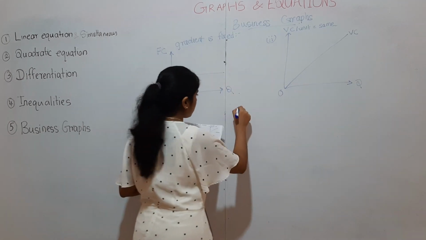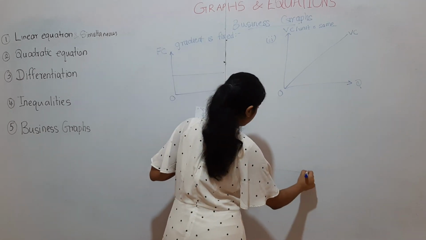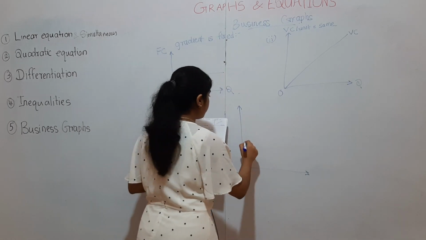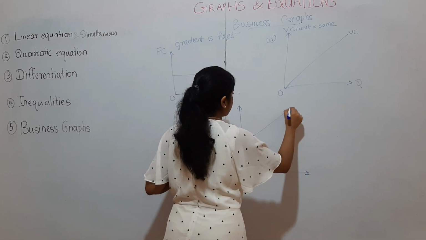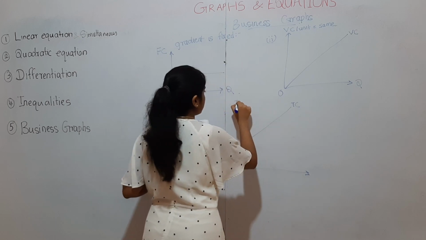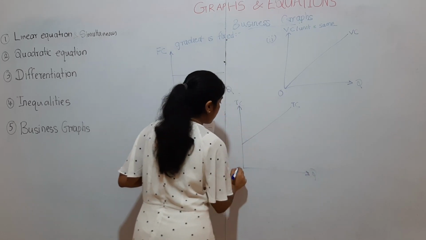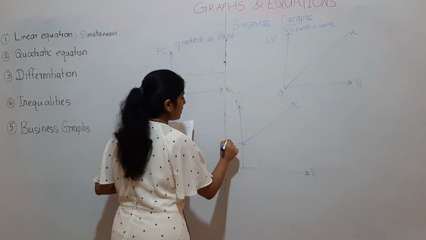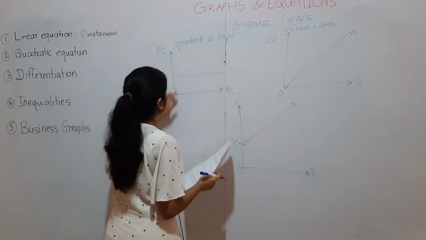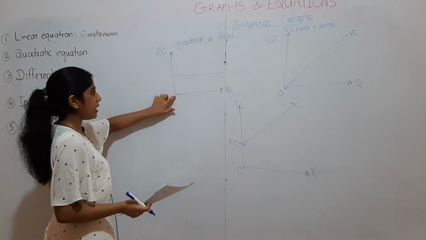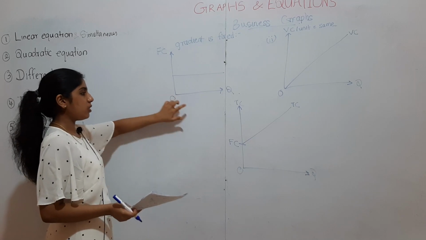Then what will be the total cost curve? The total cost curve will look like this. Make sure total cost starts from here, because this is the fixed cost. So at zero there won't be zero total cost.